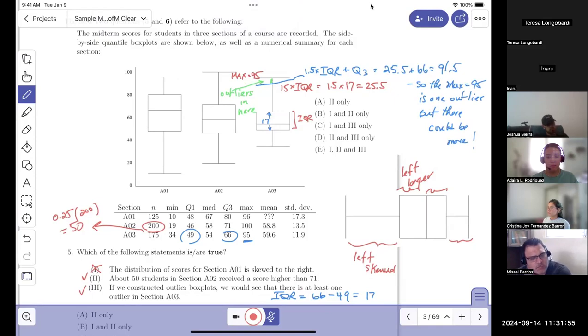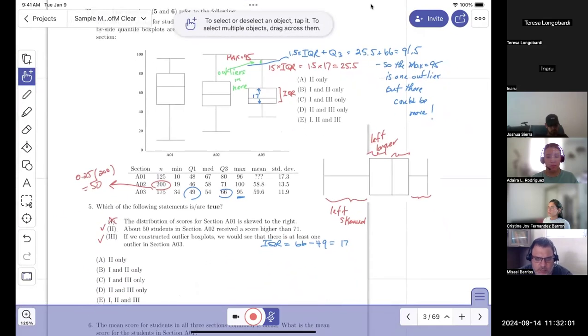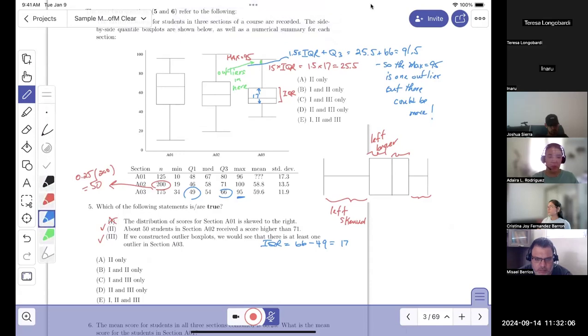I don't have the data to check. So 2 and 3 are correct. The answer is D. How did you guys do? Let me check how you did. Oh, okay, good. A lot of people got it. Good show. All right, so we are done, almost on time.